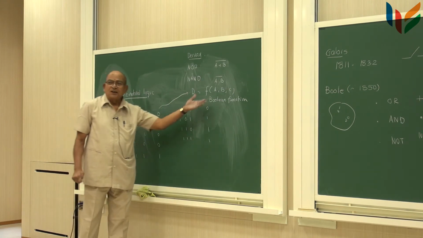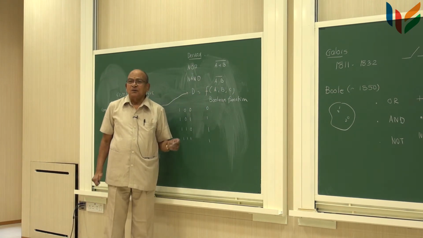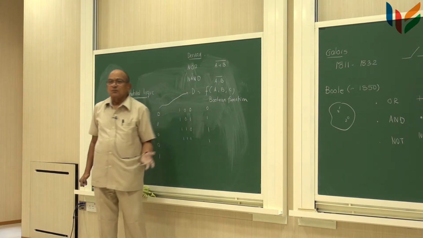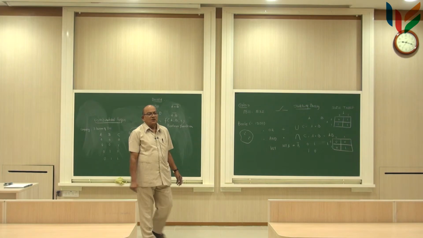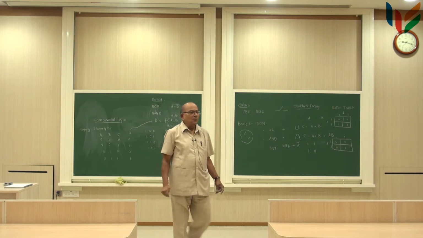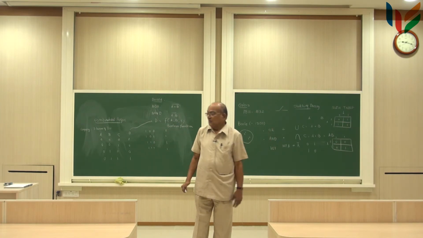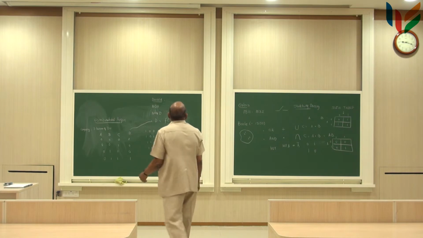And the reason is quite clear: A, B, C are Boolean variables and the output D is also a Boolean variable, and the function relates n number of Boolean variables to, in this case, one output Boolean variable.